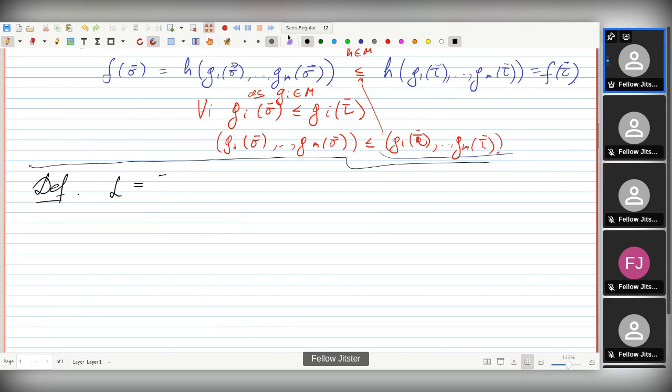By definition, L is the set of all functions you may compute from plus and unity, where unity is just a constant one with one argument. So this function with one argument returns us 1 given 0 or 1. It is a constant 1. So this is called the set of linear functions.